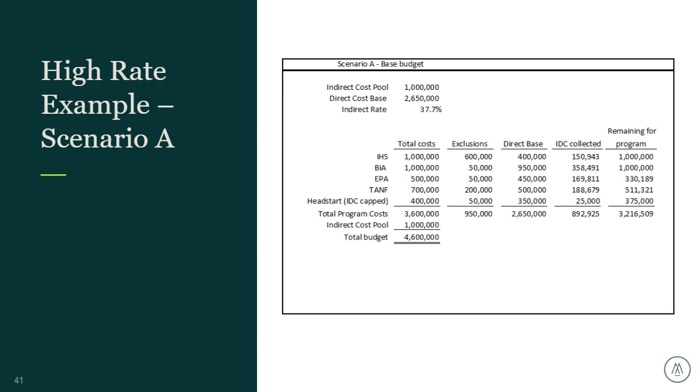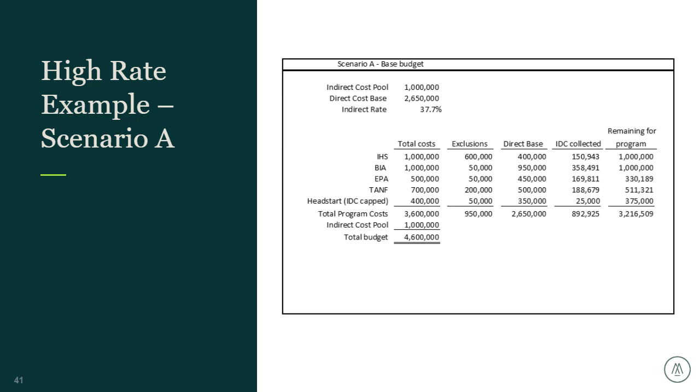In this scenario, we're using a base budget where we consider an indirect cost pool of 1 million. The direct cost base for this scenario is 2,650,000, and the indirect rate for this scenario is 37.7%.